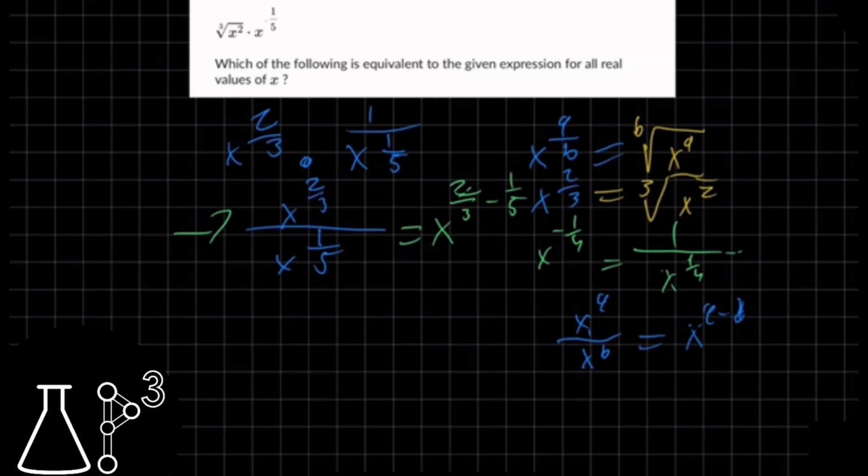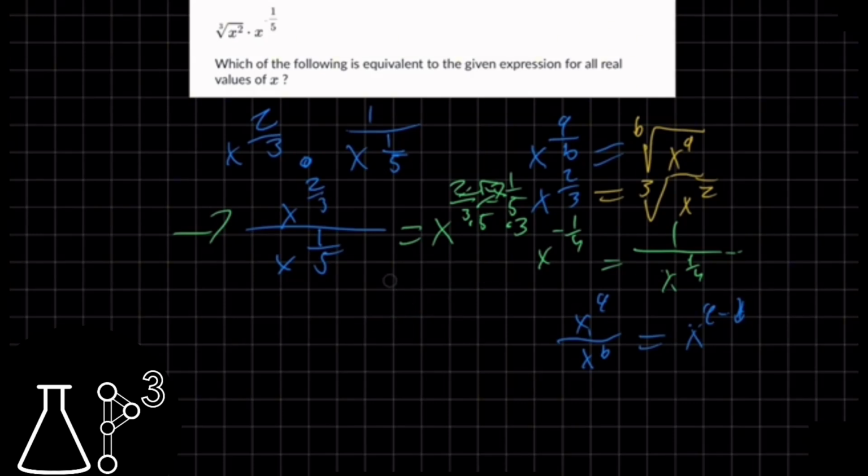Now we don't like fractions that don't have the same common denominator. So we cross multiply to get the same common denominator: we multiply the 5 with the 2 and the 3 with the 1, as well as multiply the 3 with the 5 and the 5 with the 3. Oh, I made a mistake.